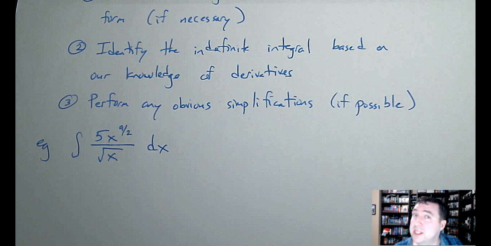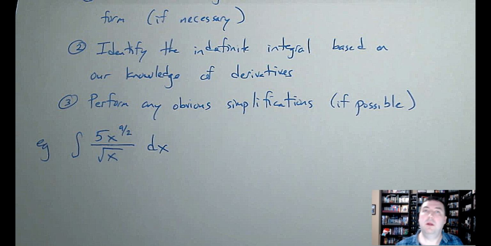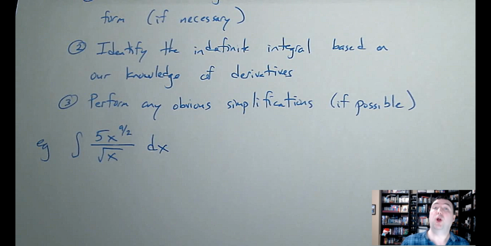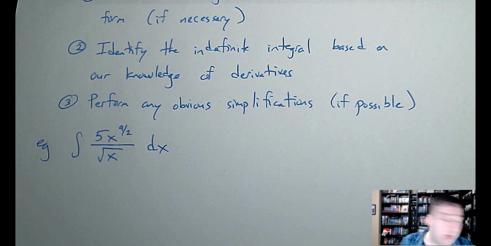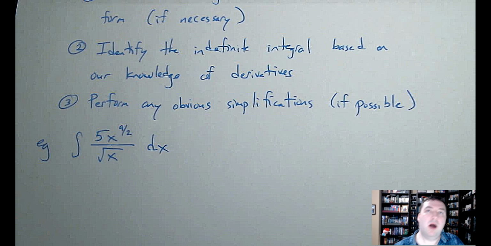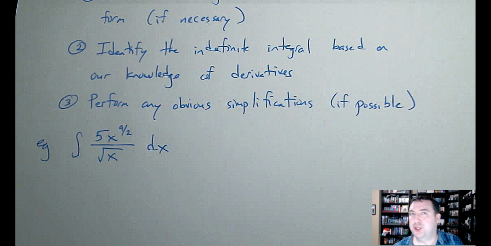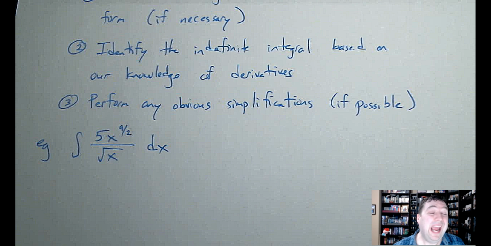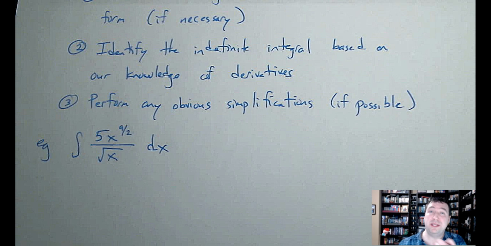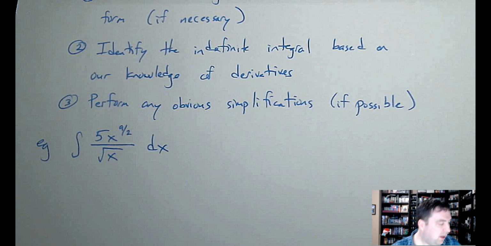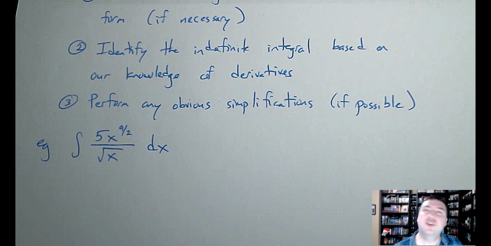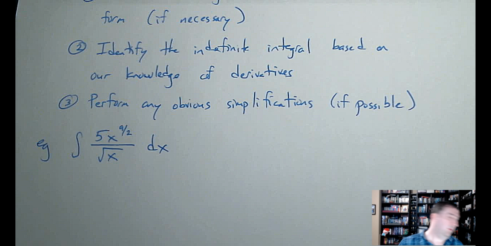At first glance, this seems like a really hard problem, because the only way we could do this up to this point, 25 minutes into Math 1001, would be to come up with some function that when we differentiate it gives us 5 times x to the power of 9 over 2 divided by the square root of x. And that probably isn't right on the tip of your tongue. I don't blame you. But this function can certainly be rewritten.